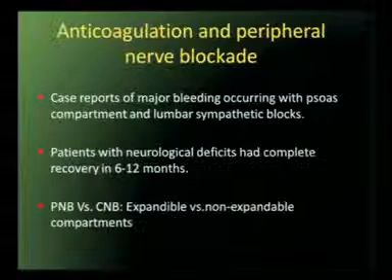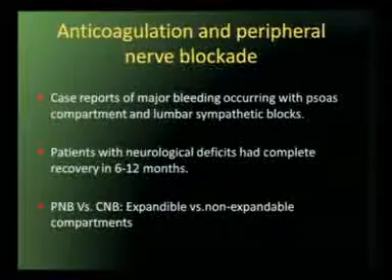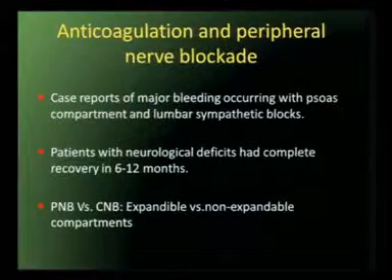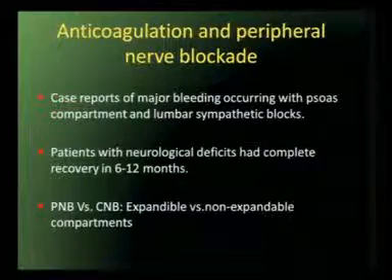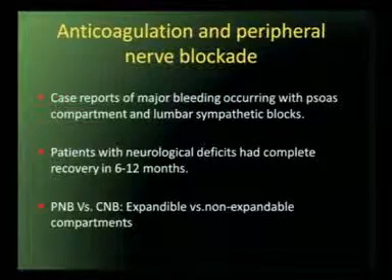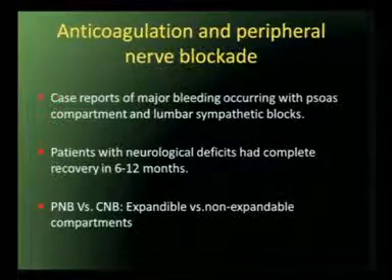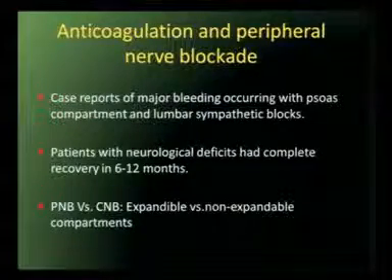If you look at anticoagulation and peripheral nerve blockade, fortunately, nerve injuries are relatively less because the peripheral nerves are in a large compartment. The actual nerve compression is less when there is an expanding hematoma. The major difference between PNB and CNB, the peripheral nerve block and the central neuraxial block, is expandable versus non-expandable compartments.